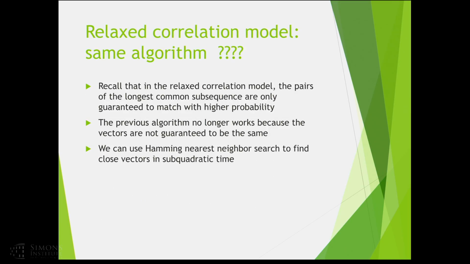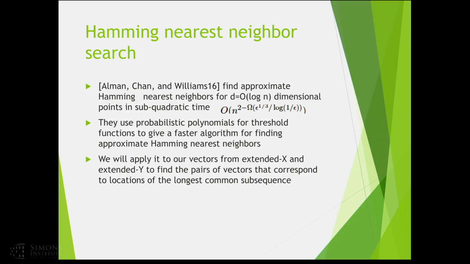And so what happens in the case of the relaxed correlation model? Well, now we don't have this exact match guarantee. We only know that these pairs are going to match with higher probability. But what ends up happening is that the pairs that we get are going to be closer together than just two random strings. And so we can use Hamming nearest neighbor search to find this. And it's well known that Hamming nearest neighbor search can be done in subquadratic time.